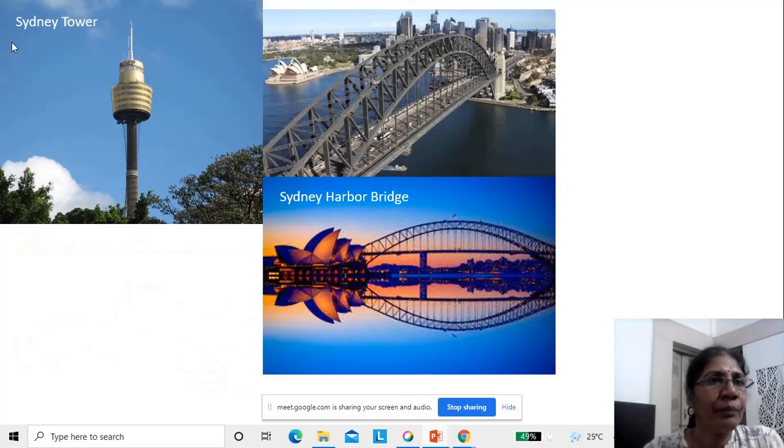Let's find out. So this is very famous as Sydney Tower. Hopefully you can identify it in the outline picture, right?